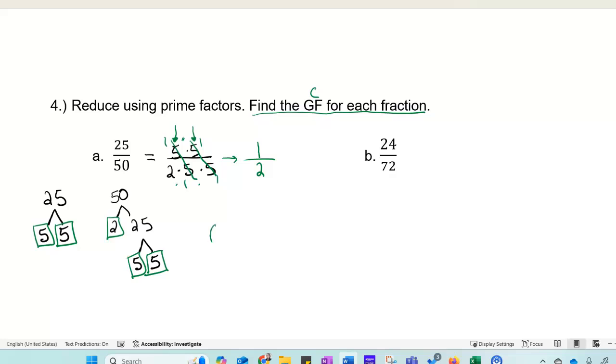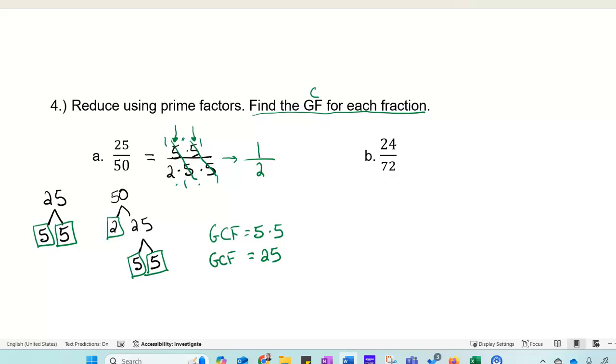So the GCF is 5 times 5, which means your GCF is 25. Now, because it specifies using prime factors to reduce, you have to use this process. So previously it was use common factors. Now it's use prime factors. So that detail is really important.